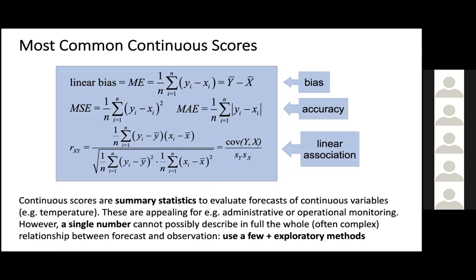For example, if you have a bimodal distribution, it will not be informative to use the linear bias because you would compare the mean of something that is essentially a point in the middle of the two modes of the distribution. So you need to have a look at your distribution overall.